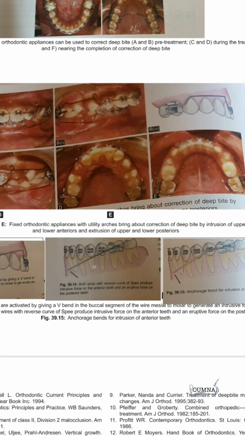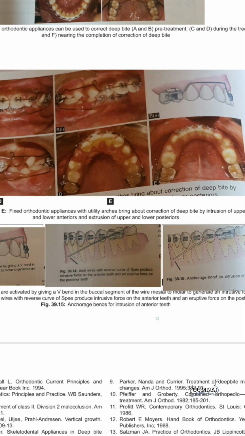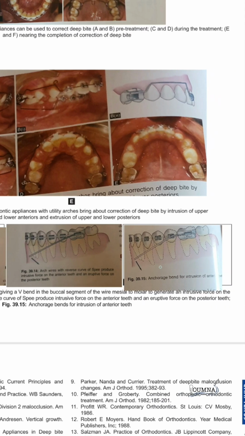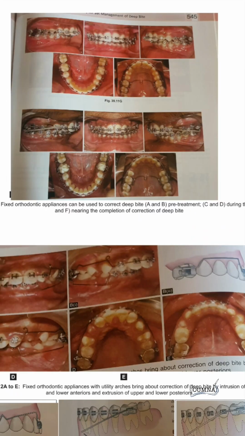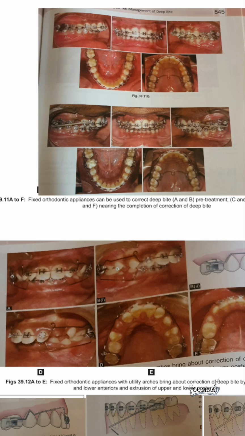Here, another common way is called the arch wire with reverse curve of Spee, where the arch is exerting an intrusion force in this direction on the mandibular incisors to make intrusion of them. This is the utility arch.